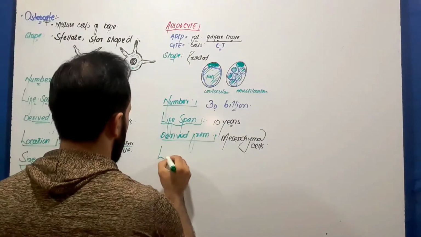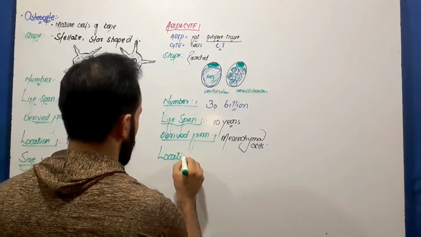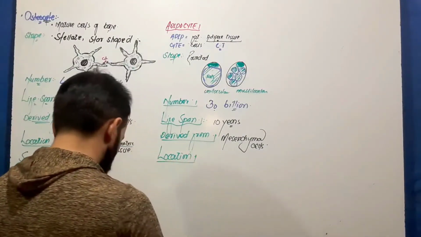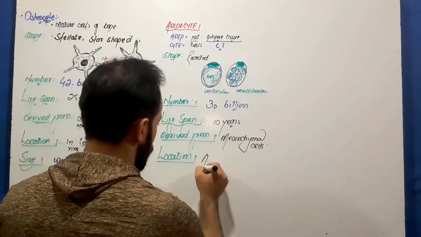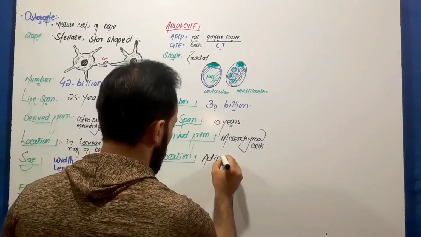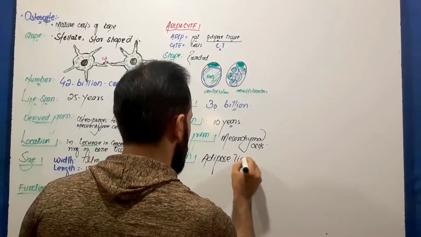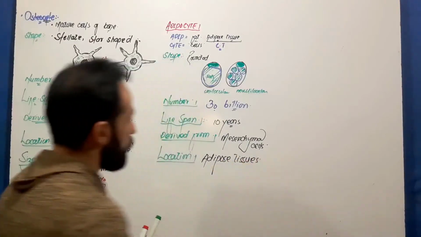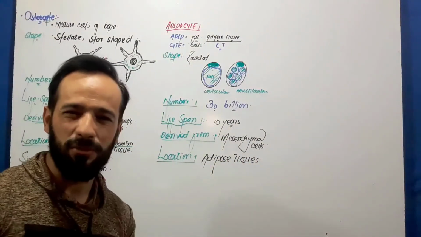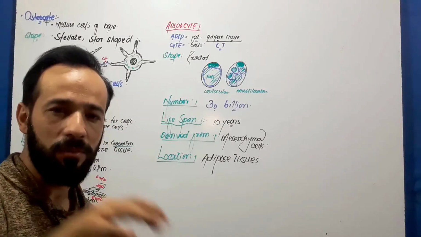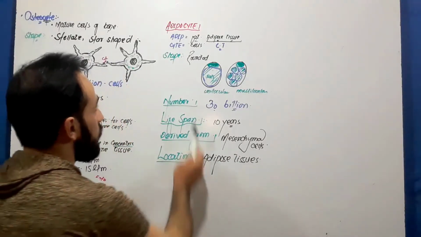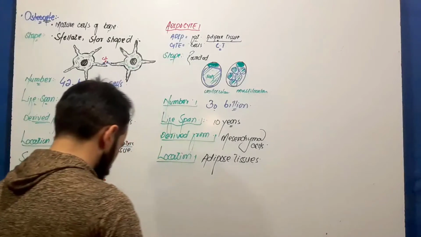Where are they present? You know the location. They are present in the adipose tissues in our body. We have adipose tissues, fat tissues in our body, and those cells are present there and are called adipocytes. So these adipocytes are present in the adipose tissue.